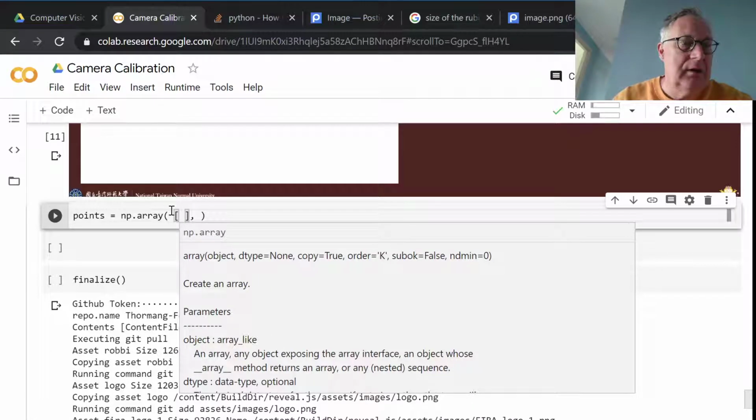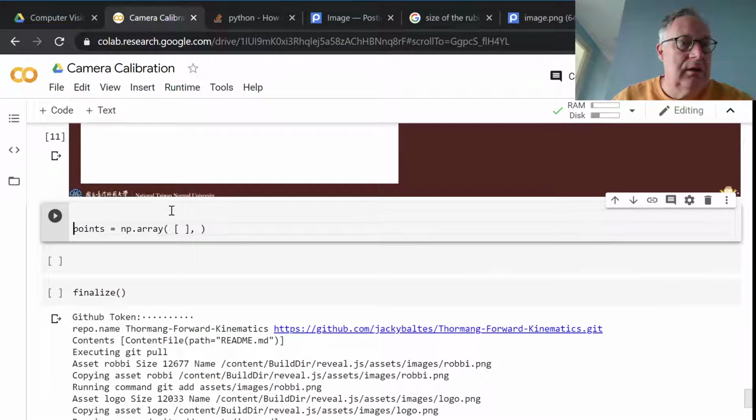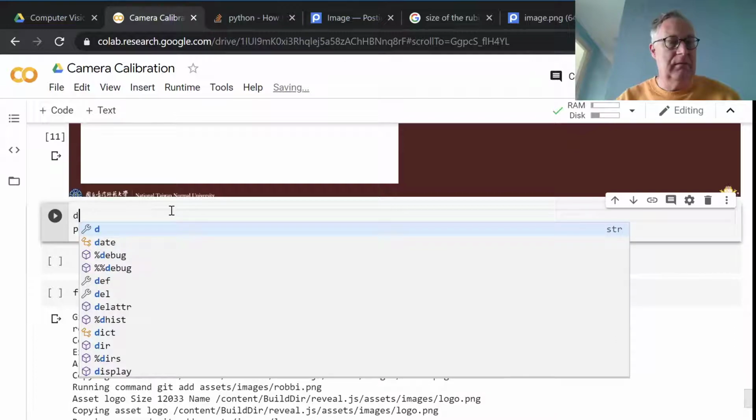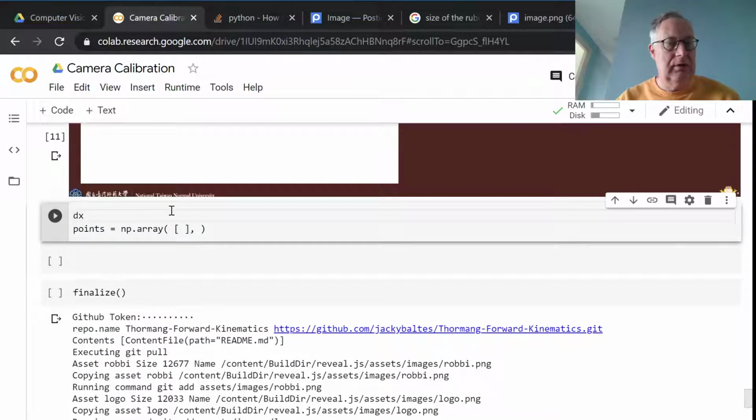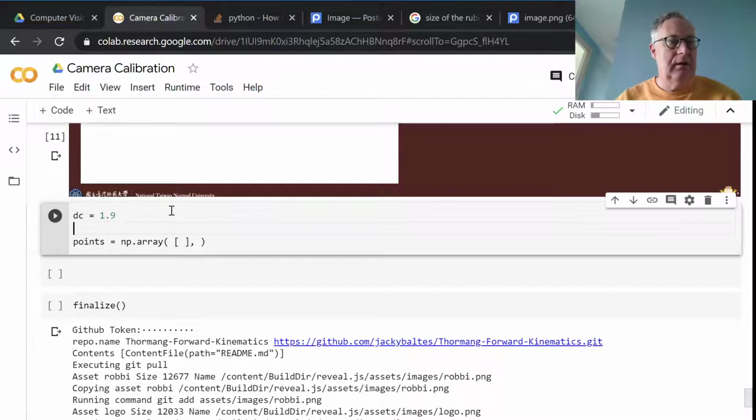Now, the distance between each point, or the distance between the cubes, is going to be 1.9 centimeters. So I'll just define that as a variable here.